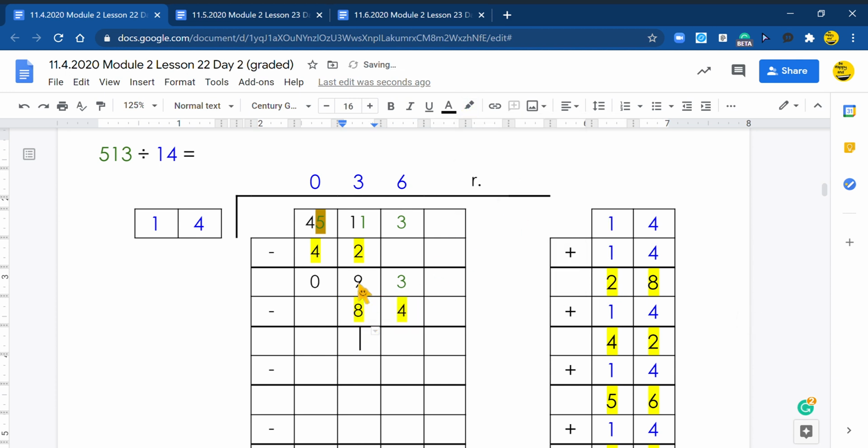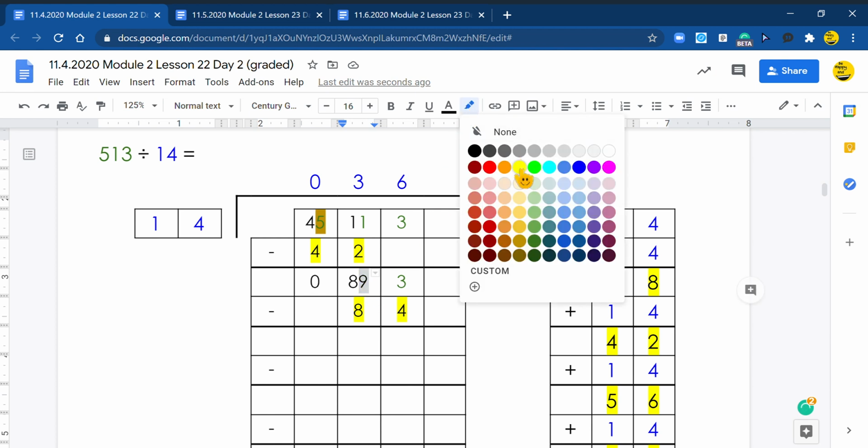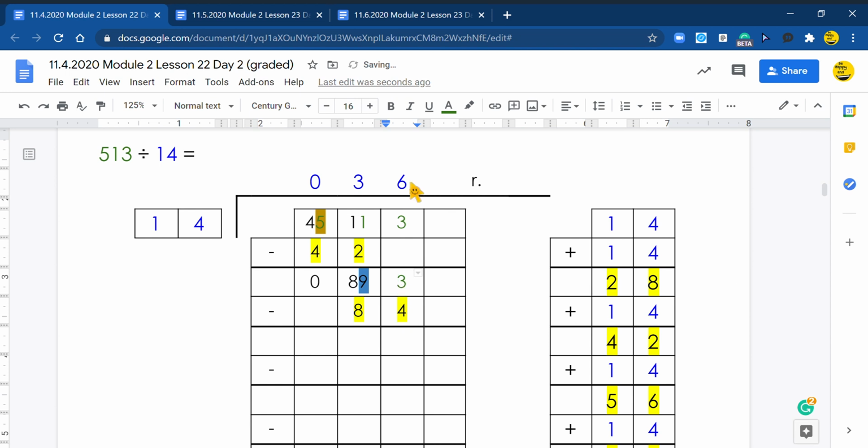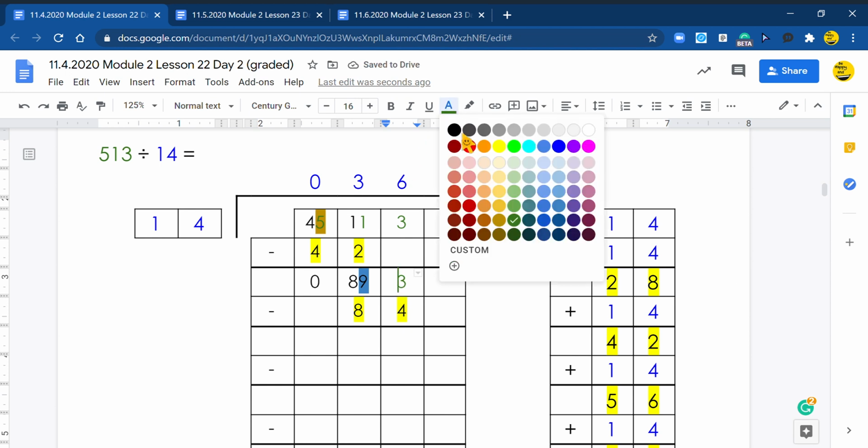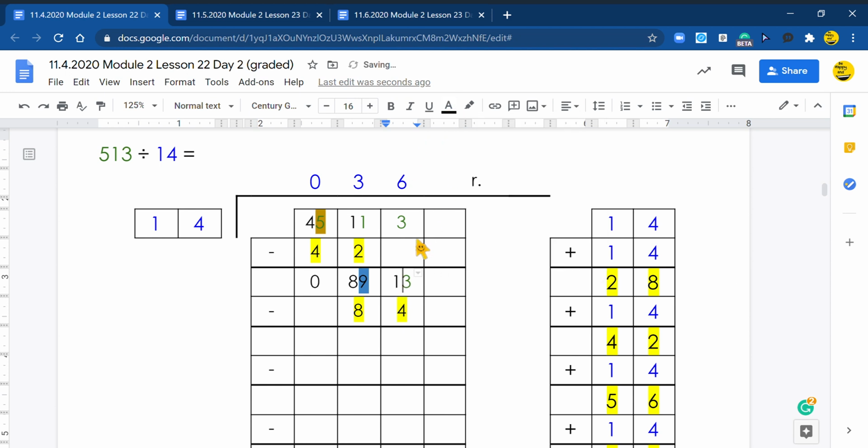And now I'm going to subtract. Again, I need to regroup. So my 9 becomes an 8 because I'm taking the 10 and taking it over to another area. And then that 10 I just took comes over to this column. So I get 13. 13 minus 4 is, you're right, it is 9, you guys.